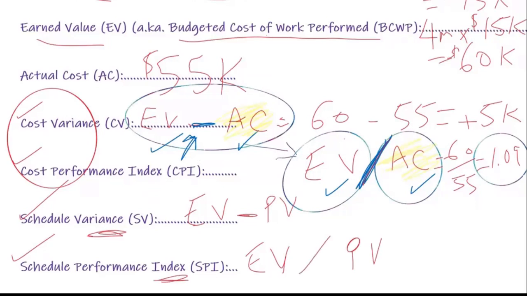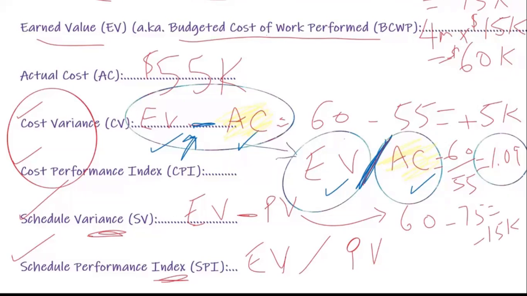All right, so for schedule variance, our earned value, what we actually did here is 60. What we had planned to have done is 75, if you recall from earlier. So we are behind 15,000. This is $15,000 worth of work, and that's the equivalent of that 1 mile that we're behind.